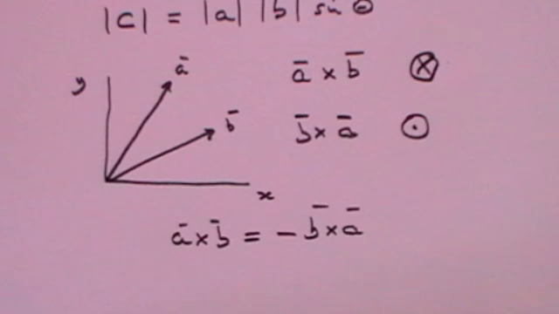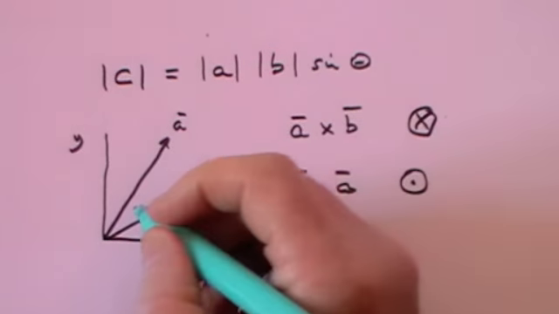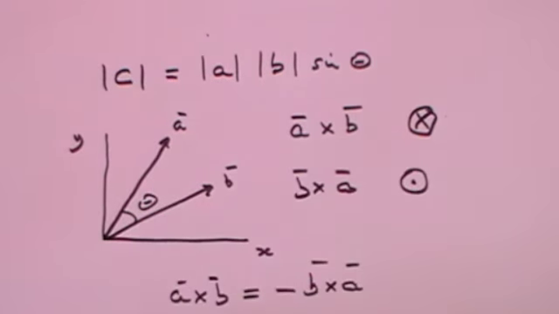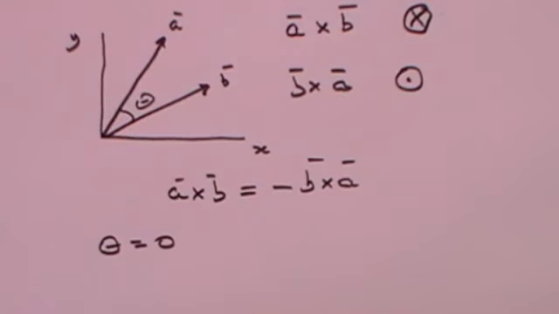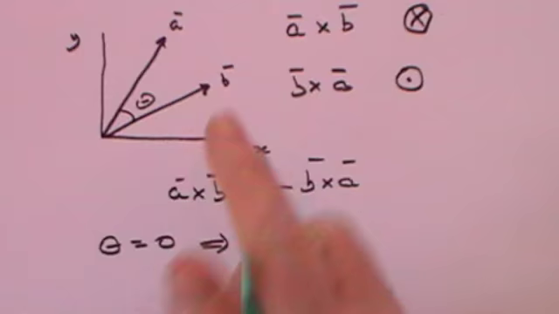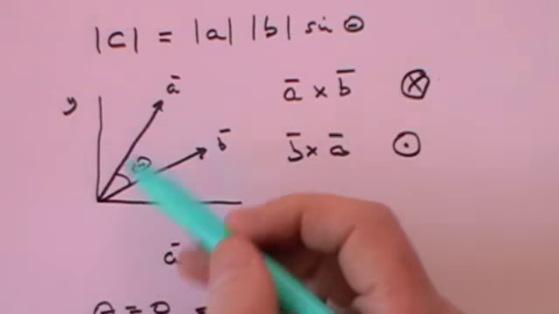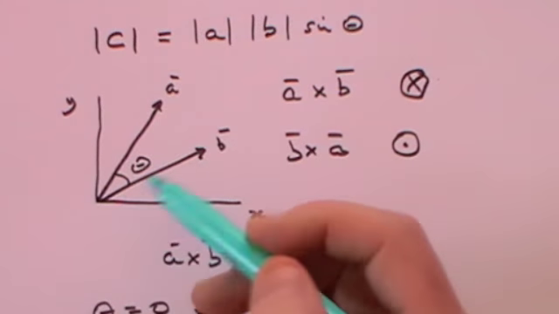What happens if theta is 0? If the angle between the two vectors is 0, sine theta will be 0. That means that C, the resultant vector, will be 0. So two forces, or two vectors, that are acting in the same direction will have a cross product of 0.